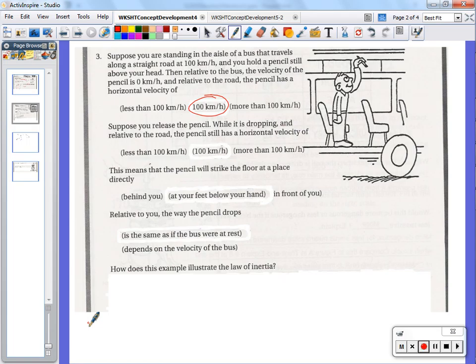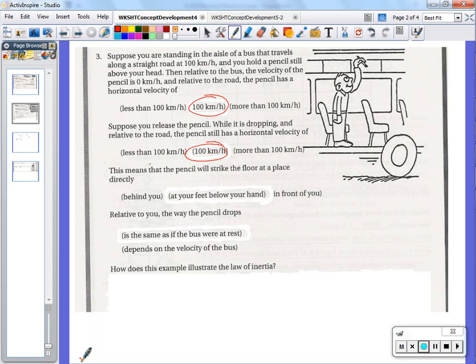Suppose you release the pencil. While it's dropping, relative to the road, the pencil is still traveling how fast? It's still traveling 100 kilometers per hour.